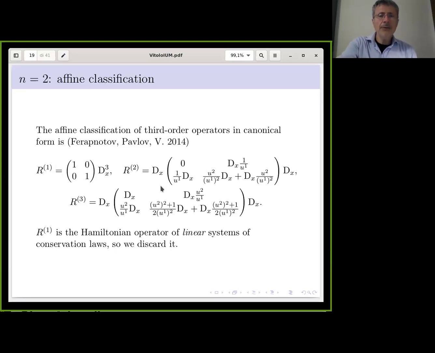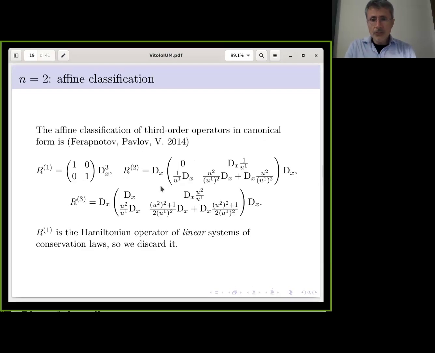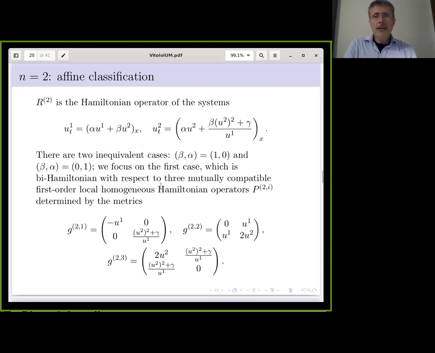I'm just saying that we will discard R1 because systems which are Hamiltonian with the constant coefficient operators are not interesting, as they are linear. So they are outside consideration here. Well, for now, we consider R2. R2 is the second operator here. You can see that it's non-trivial. And R2 is the Hamiltonian operator of a family of systems.